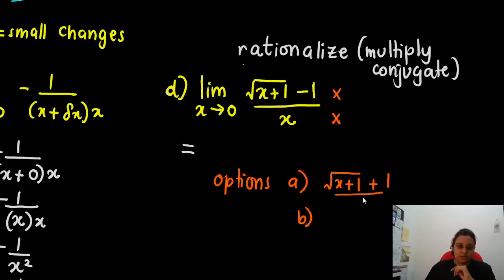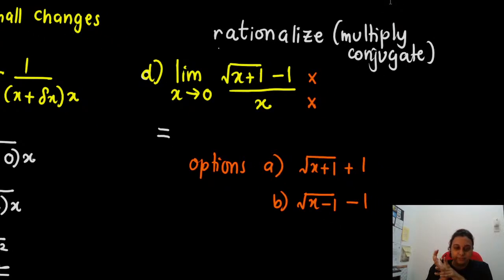Option B: square root of x plus 1, minus 1. Which one do you think is the conjugate, A or B?